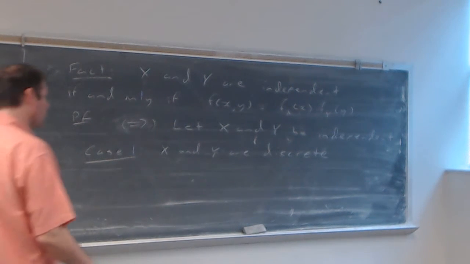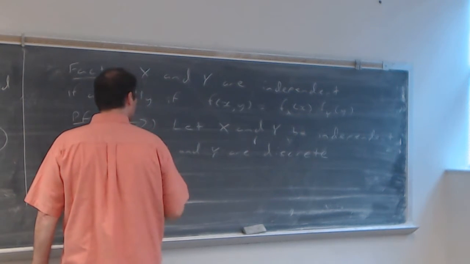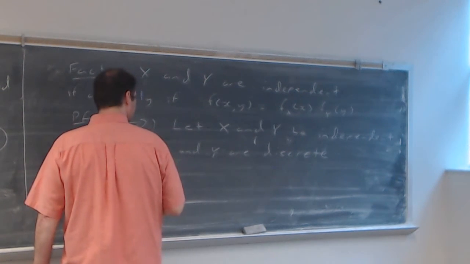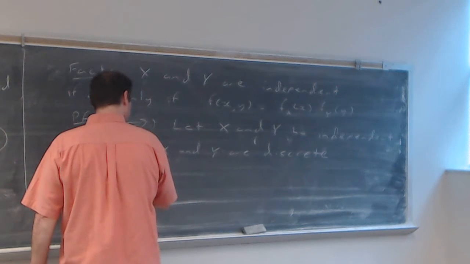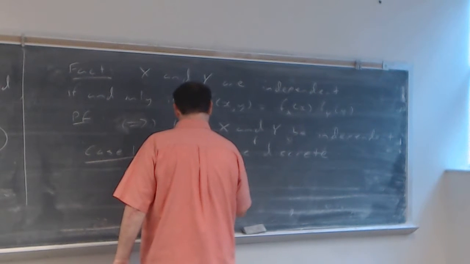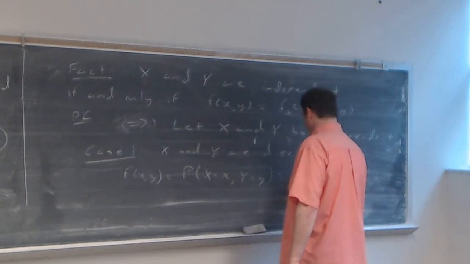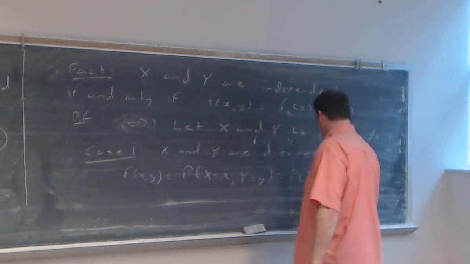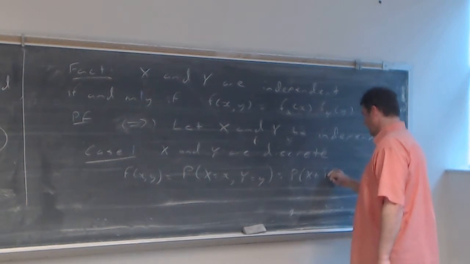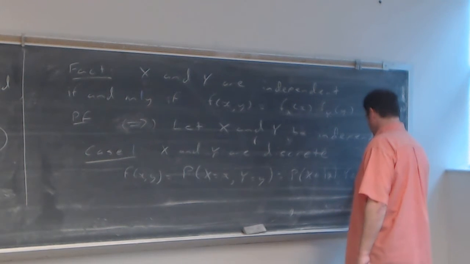Then we want to prove this. Well, f of x comma y is equal to the probability that X is equal to x and Y is equal to y. That's the same thing as the probability that X belongs to the set containing little x, and Y belongs to the set containing little y.